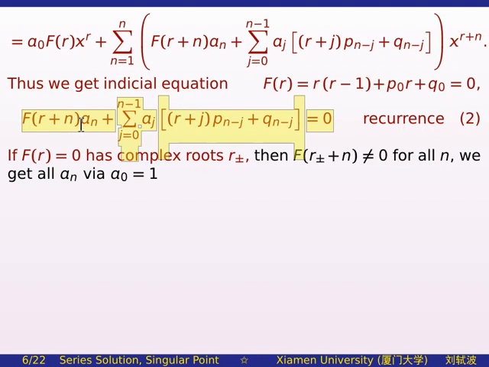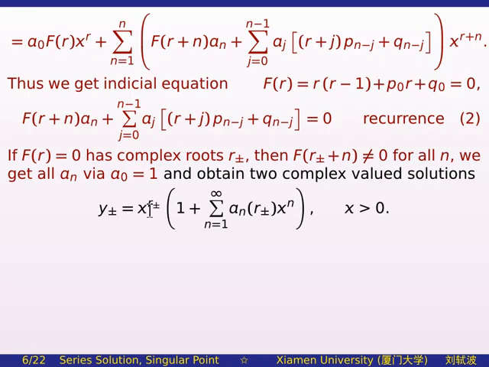So we can determine all the a_n, no matter r is r minus or r plus. All these a_n are determined using a0 through a_(n-1), all the a_j with index before n. So every a_n can be determined by a0. As I said, we can assume that a0 is 1. So this determines all the a_n.